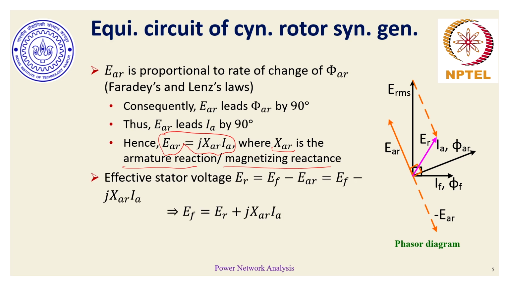Now if we put the value of the armature reaction voltage into the effective stator voltage, we get the equation which is underlined here. When we reorient it, the induced EMF EF, remember these are all phasor quantities measured with respect to a particular reference, is nothing but the effective stator voltage plus the voltage drop across the armature reaction reactance or magnetizing reactance.